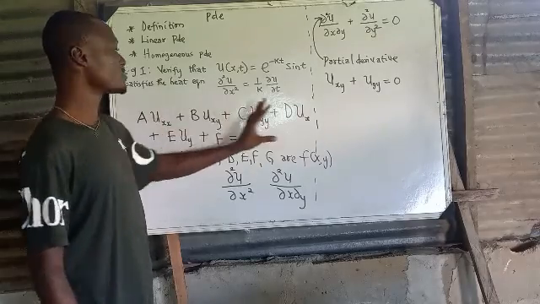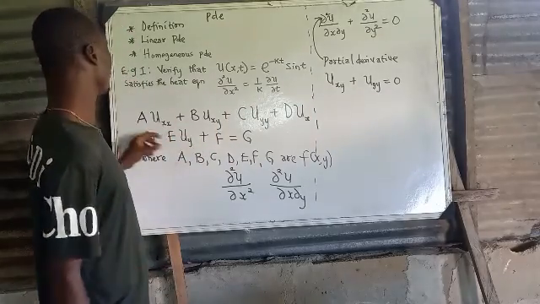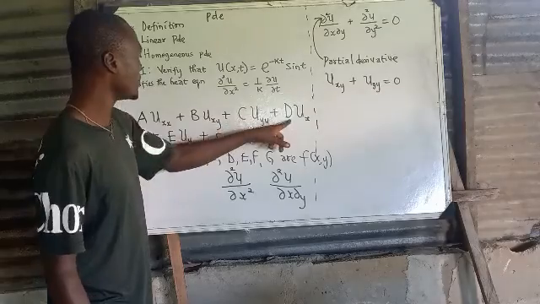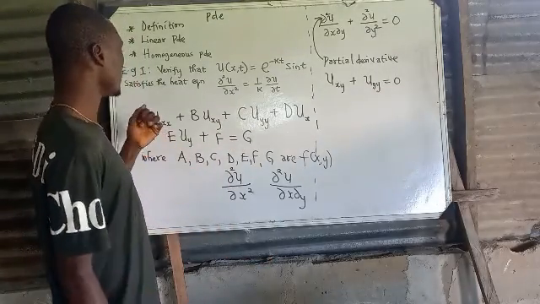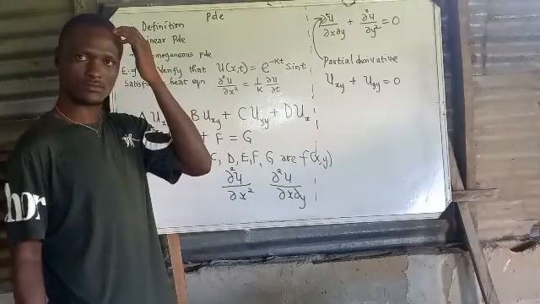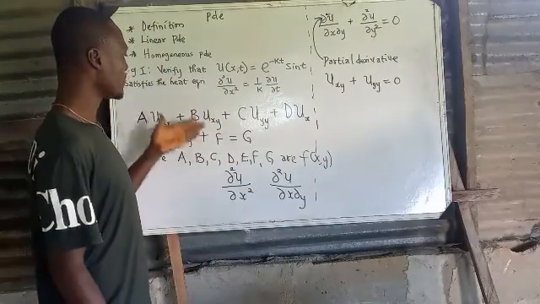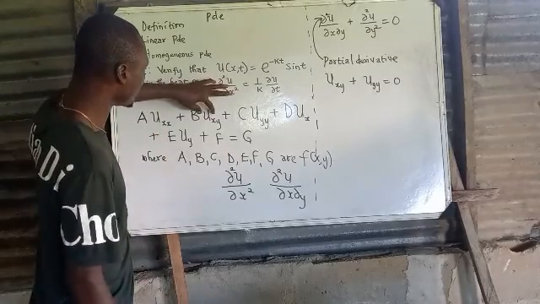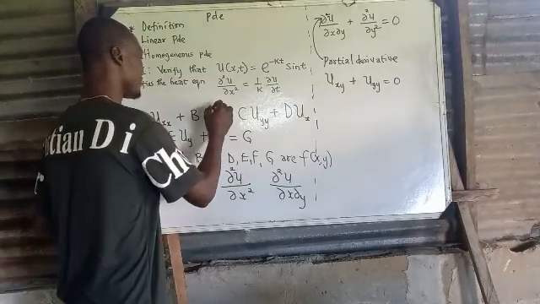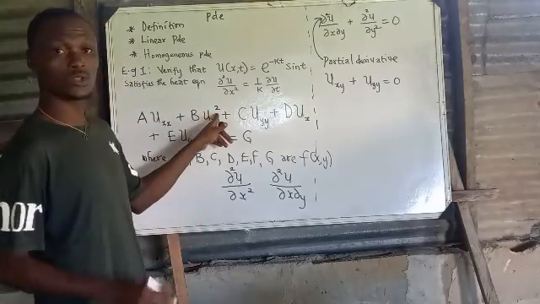When you see a differential equation in this form such that these coefficients could be numbers or functions of x and y, such that the derivatives here are not squared. If there's a square here, then this becomes non-linear.